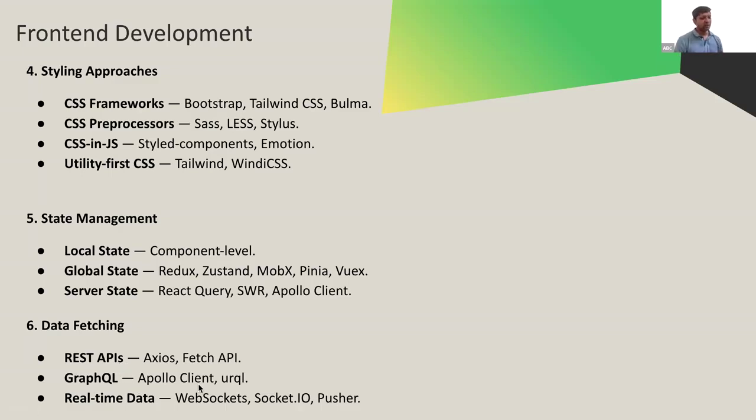GraphQL is very particular to a few applications where your request has to be altered, because sometimes in REST APIs the server has to send hundreds of different data fields to the client, but the client really does not need all of them. They probably need only five of them. Then it doesn't make sense for the server to send those 100 fields to the client. That's where GraphQL comes into the picture. Real-time data: sometimes your server has to keep the connection to the client and push the data. That's where WebSockets come into the picture.